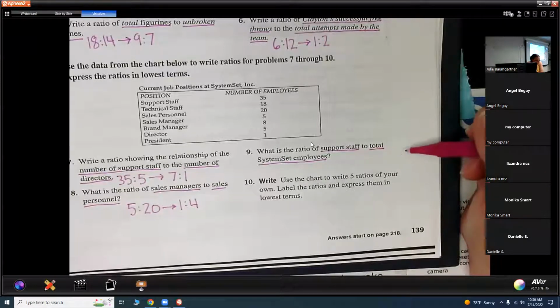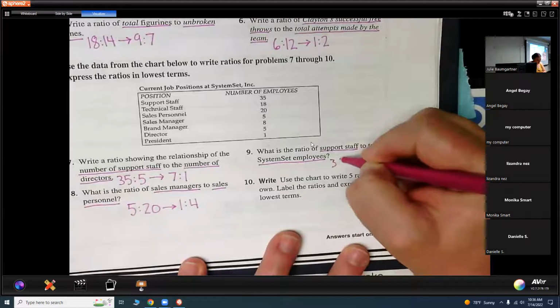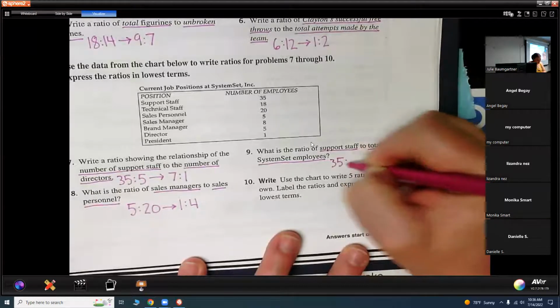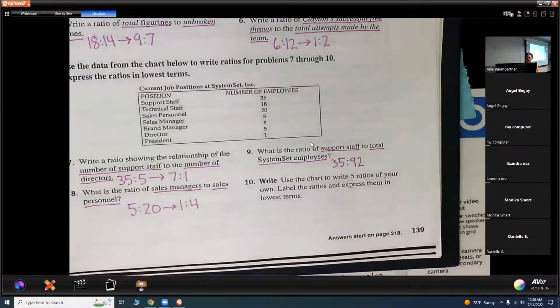How about support staff to total employees? You guys get 92 for the total? Yeah. Okay, I'll believe you. Can we reduce 35 to 92? You take a 7 out of 92?